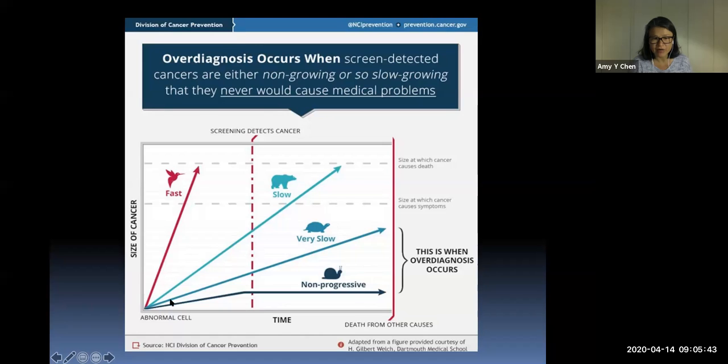So you can see by the time you detect it, you may be detecting a non-clinically important cancer. And this is what's been going on with prostate cancer when PSA came out, and also for thyroid cancer when we started to needle every single nodule.